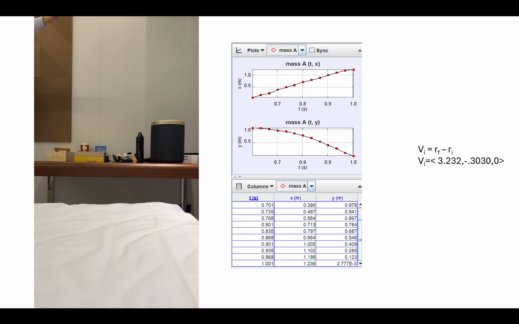What I did was 0.487 minus 0.390 for the x value, and then 0.94 minus 0.978 for the y value, over 0.033, because that's the frame rate of this video. That gave me my initial velocity of 3.232 for the x value and negative 0.3030 for the y value.